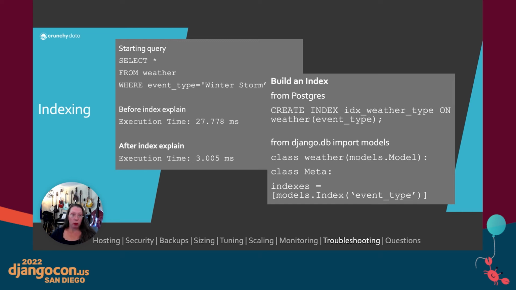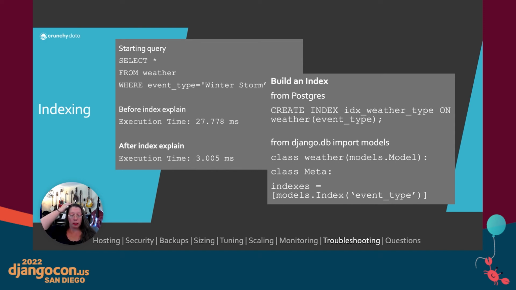I have a little sample query of something I benchmarked where I just ran a query on a weather database and I had no indexes. The query ran in 27 milliseconds, and then I indexed the event type column and the query ran in 3. So you can see simple column indexing, single or multi-column indexing, can have a really big impact.